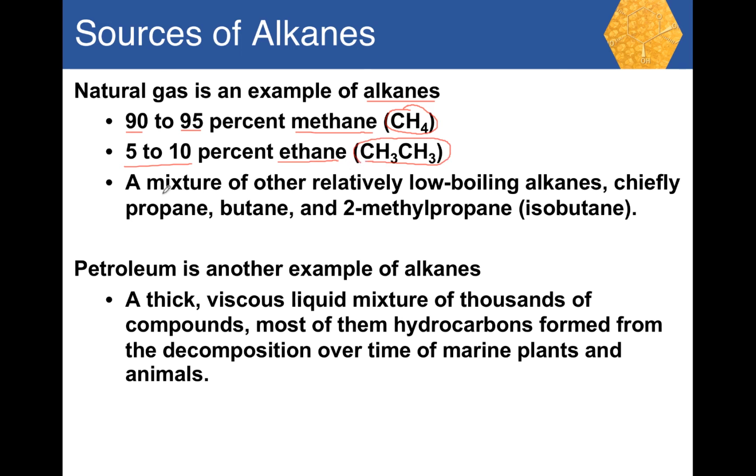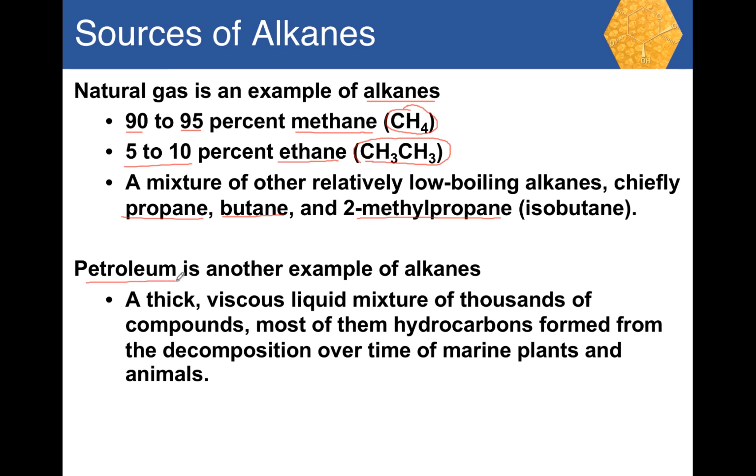It also contains other hydrocarbons that contain at least 3 to 4 or 5 carbons, such as propane, 3 carbons, butane, 4 carbons, and of course methylpropane or isobutane, which contains 4 carbons.